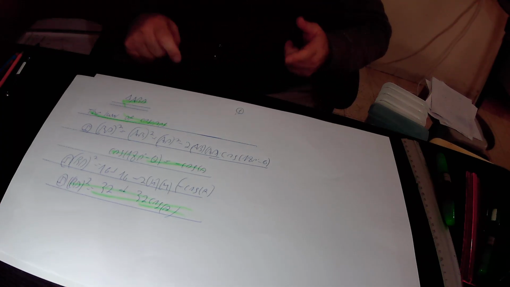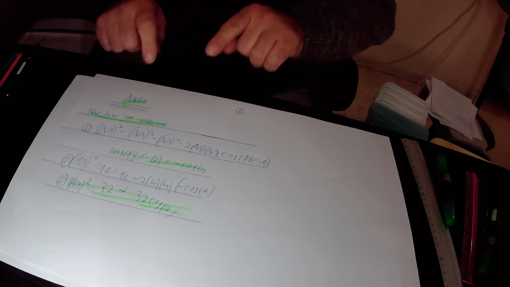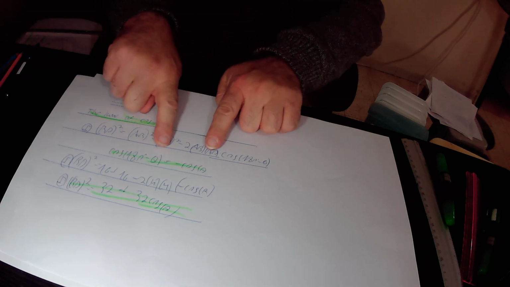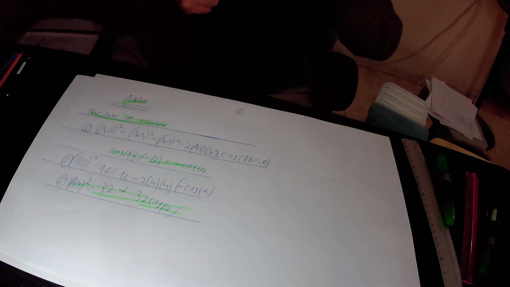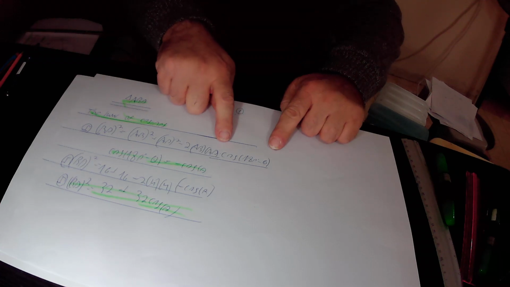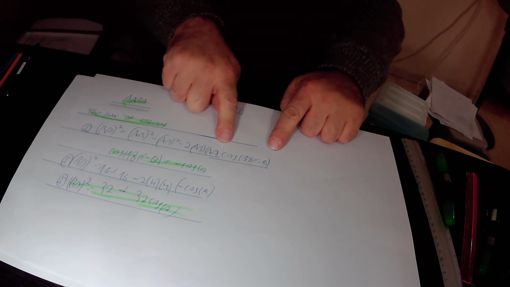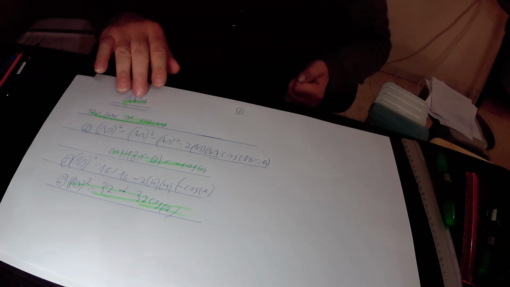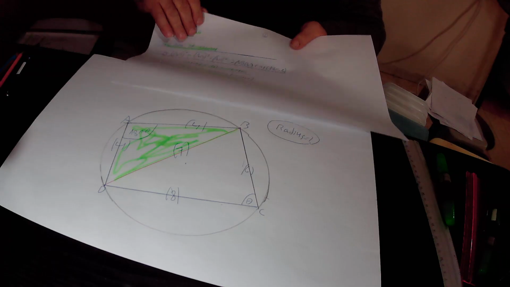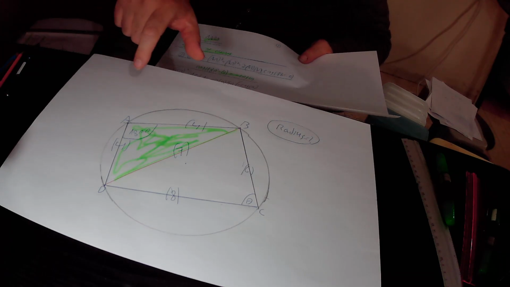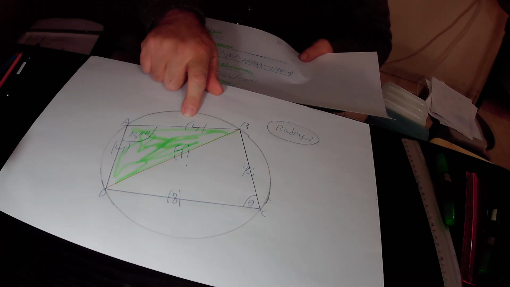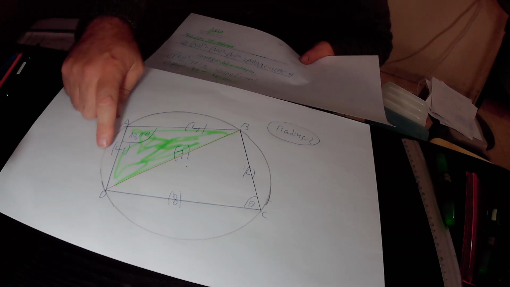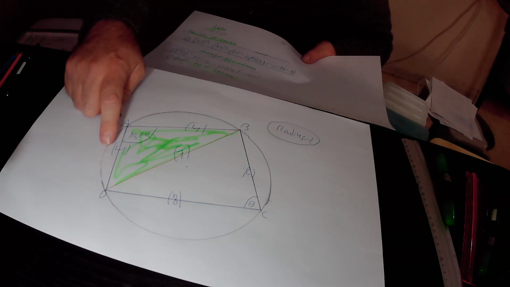We have the trigonometric identity that says that cosine of 180 degrees minus theta equals minus cosine theta. Therefore, we can substitute cosine of 180 degrees minus theta in equation 1 by minus cosine theta. So in total, BD squared equals AB squared. AB is 4, therefore AB squared is 16. Plus AD squared. AD is also 4, therefore AD squared is 16.